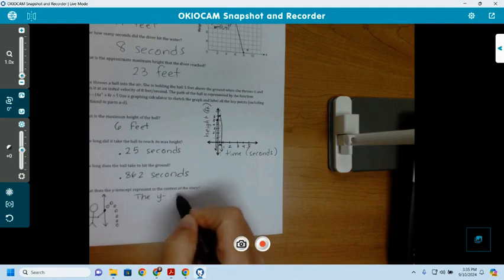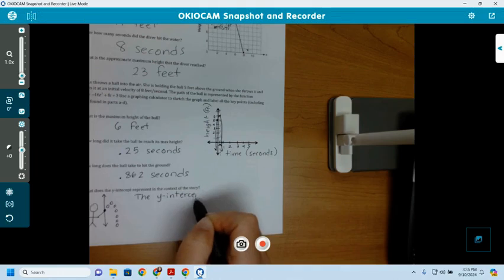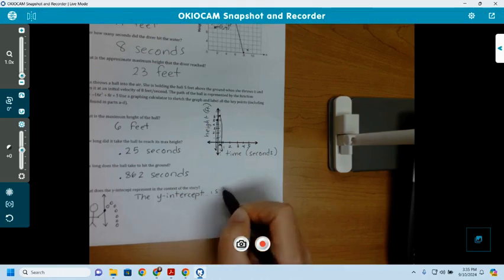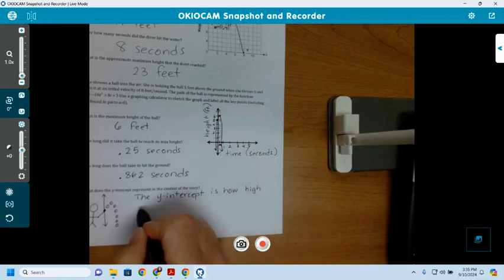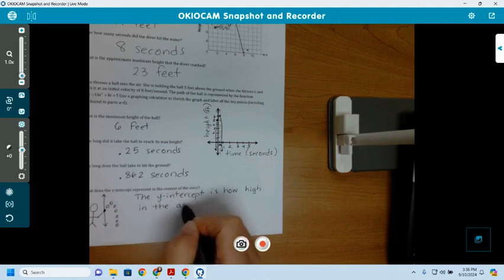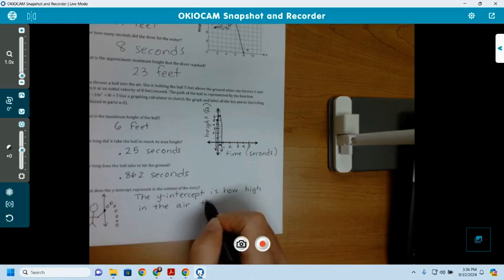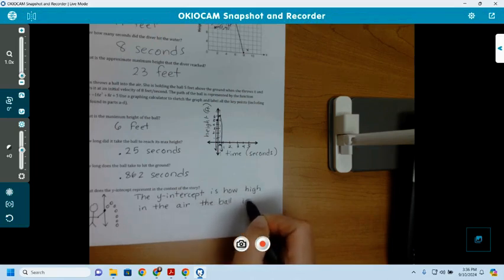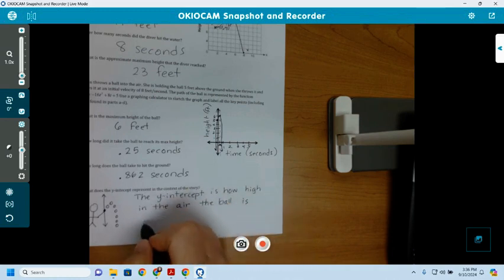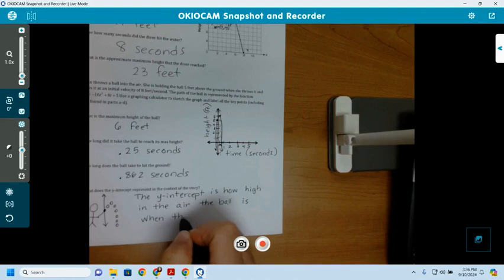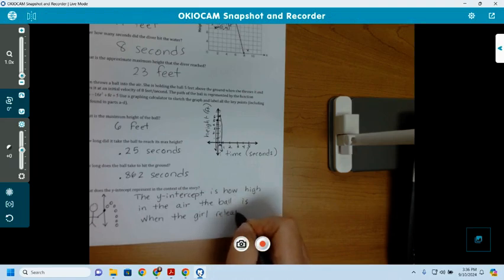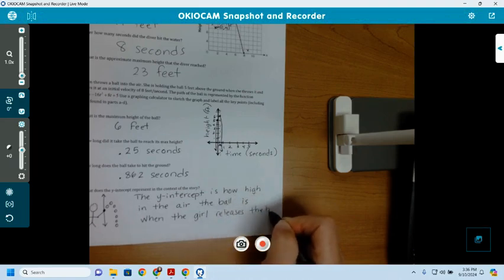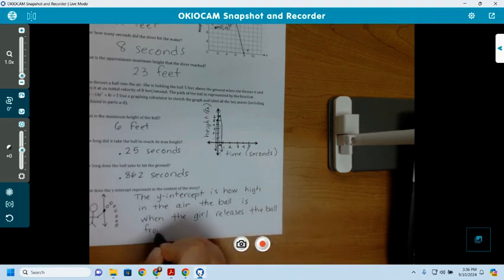The y-intercept is how high in the air the ball is when the girl releases the ball from her hand.